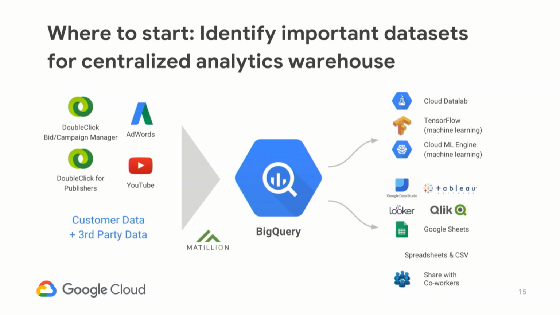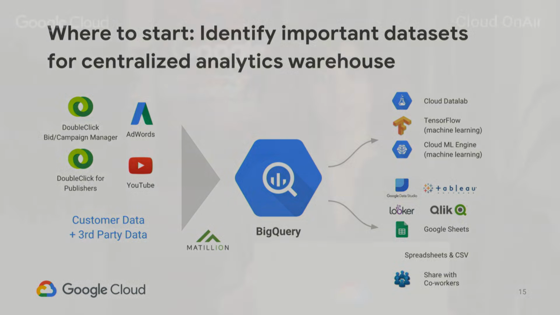And aside from this transfer service, we have native connectors with GA360, so you can bring in that really rich site-side analytics data, and also Firebase, so you can bring in your mobile app data. Once your data is in BigQuery, then you can pretty much immediately start querying it and start to get insights. You can also leverage our machine learning tools.